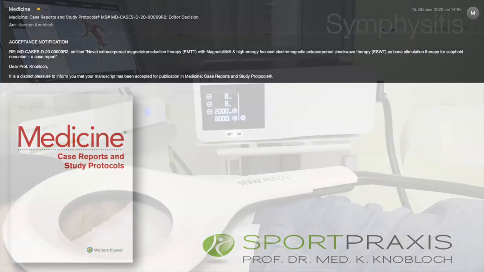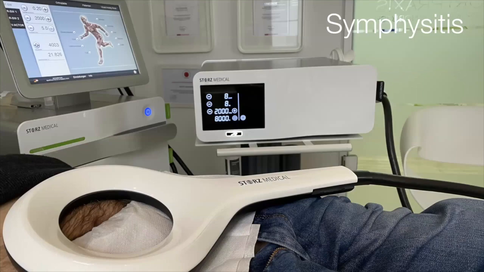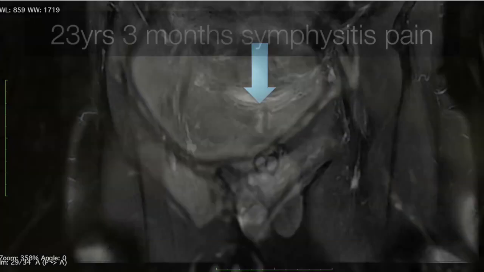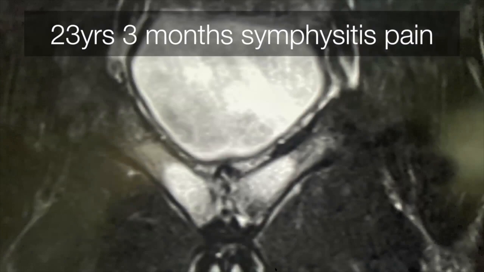And in that regard, because we talked a lot about bones, I see a second very nice indication is symphysitis. So if you have symphysitis with some MRI bone edema, then the application of focused shockwave and EMTT might be a very, very nice tool. So diagnosis, like in this bone edema patient, diagnosis with the MRI is key.